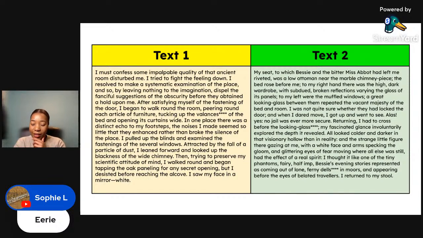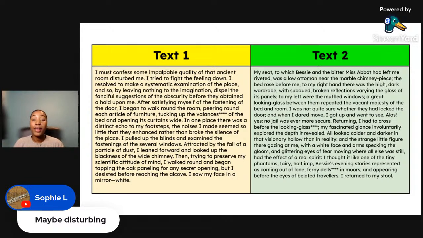I've got one more question about text 1. Because this question asks us to explore ideas and perspectives, how would you describe the narrator, the perspective of the narrator? So how is he coming across in this unfamiliar environment? What do you think his perspective is of this unfamiliar environment? I'll repeat that question.